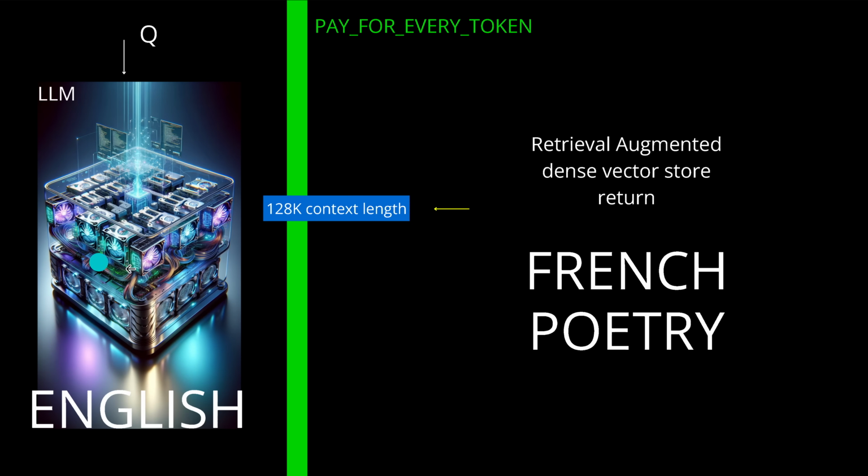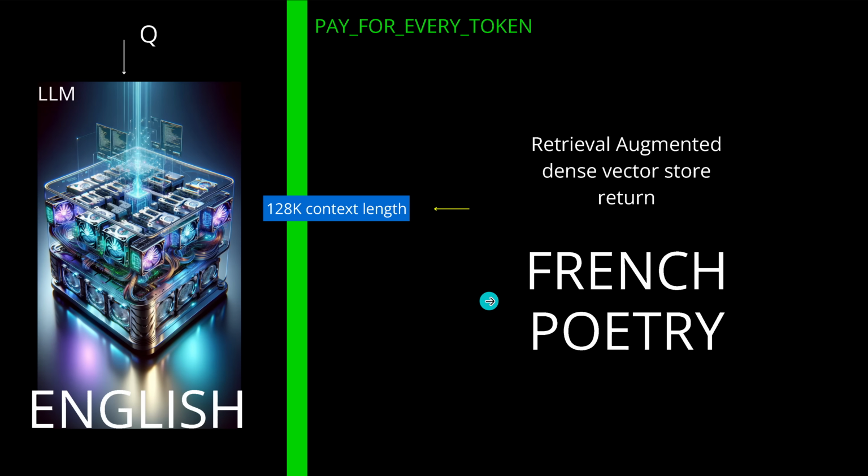You have your LLM and this LLM has been pre-trained only on English text. And this is not just an idea. This really happens, that some LLMs are only focused on one language. And then from your Retrieval Augmented Dense Vector Store, this vector store returns the solution to the question you have, and it returns, let's say, French poetry.